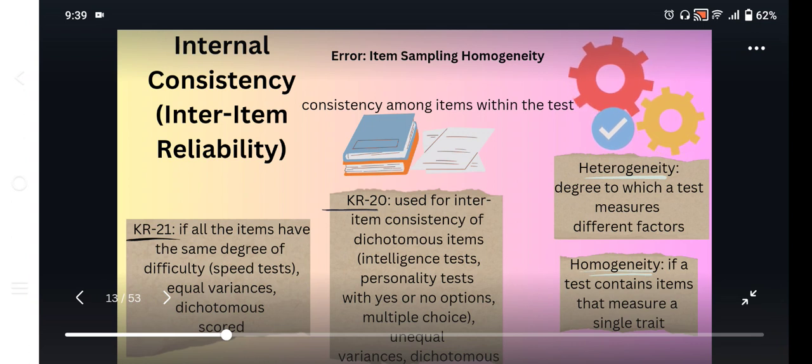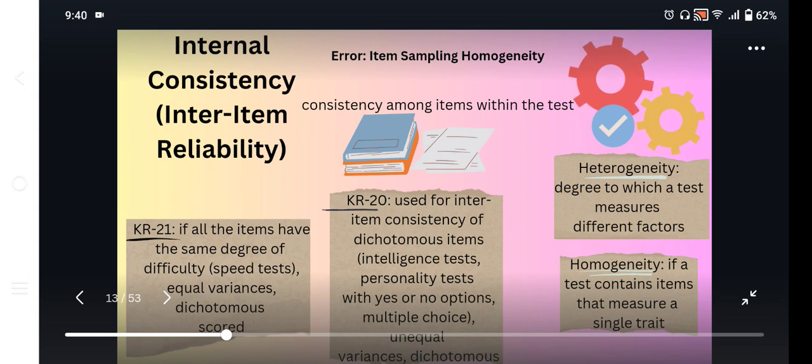Ano nga po ba yung split-half method? A test is given and divided into equivalent halves that are scored separately. The results of one half of the test are then compared with the results of the other. If the test is too long, i-divide po natin. Divide the items randomly into two halves, okay?